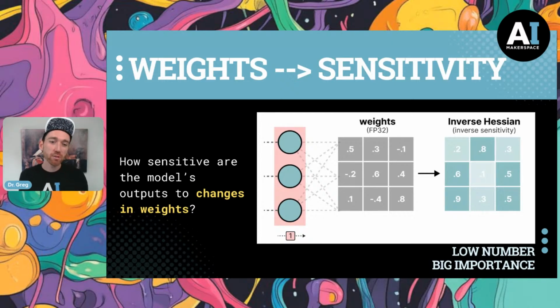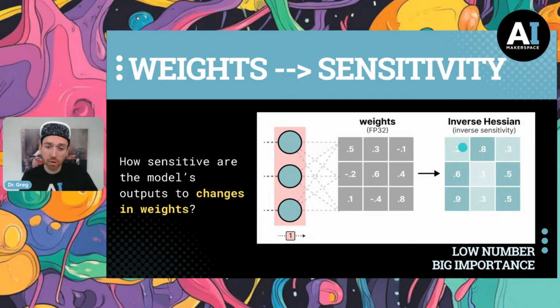So how is this working exactly? What we're doing is calculating a sensitivity, and we're doing that with what's called the inverse Hessian matrix. If you haven't been in grad school for a long time like me, don't worry so much about the specific details of the matrix algebra here. Just know that we take the layer, we take the weights, and we calculate an inverse of this matrix, and we can look at the numbers.